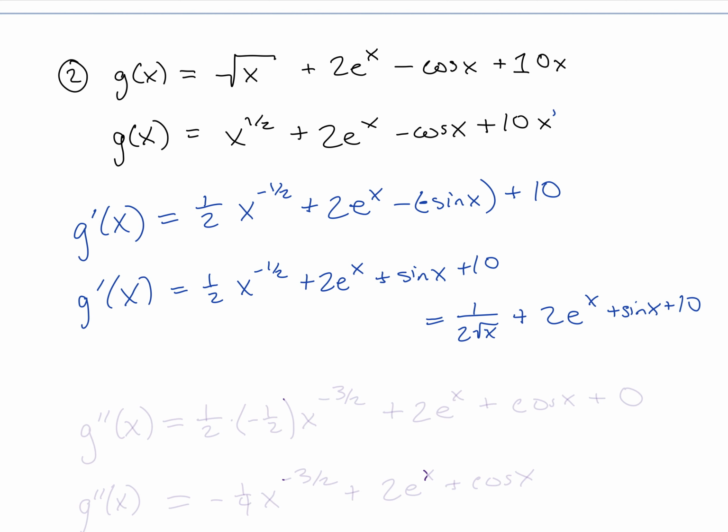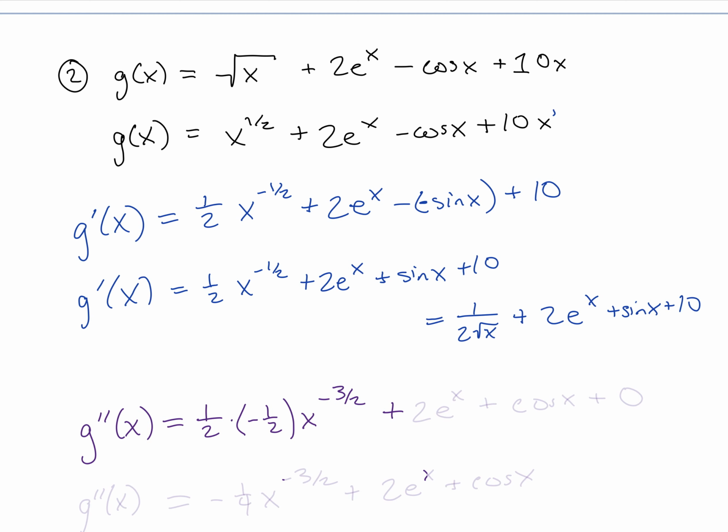But I'm actually glad that it's in that original form with that x to the negative 1/2, because that makes it easier to find the second derivative using the power rule. So g double prime of x, the second derivative, is constant multiple 1/2 times, using the power rule, negative 1/2, bringing down that exponent, x to the negative 1/2 minus 1. So negative 1/2 minus 2 over 2, that's negative 3/2.